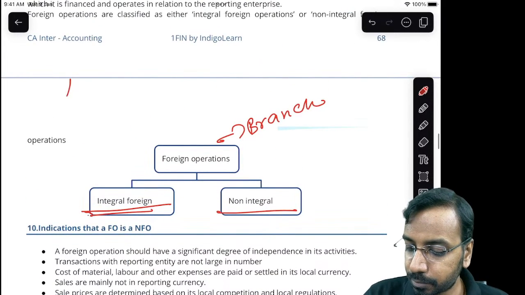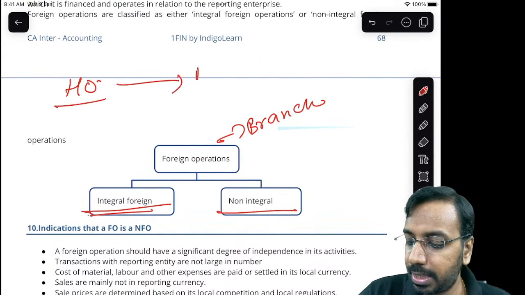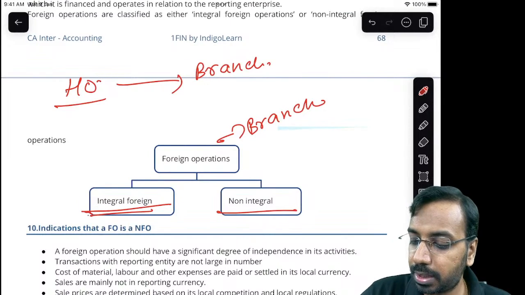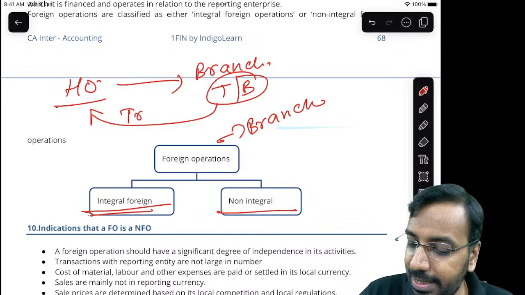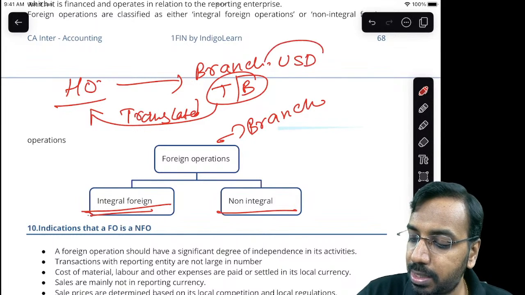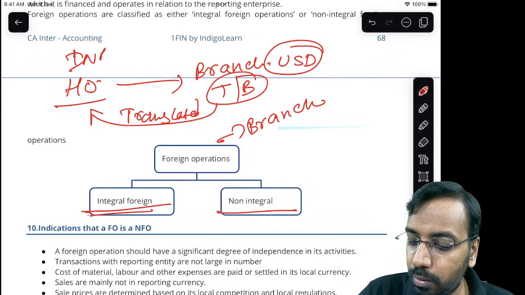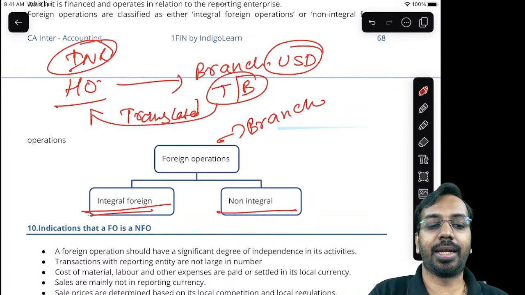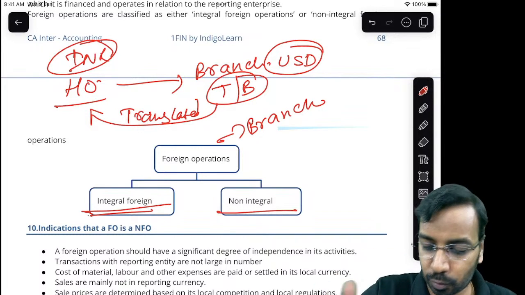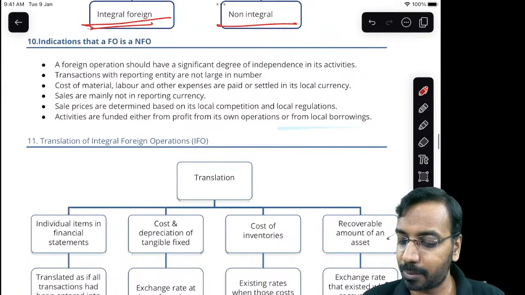You have a head office. The head office has a branch. The branch will prepare its trial balance in USD. You have to translate that to INR. Now, it depends on whether it is integral or non-integral, how you should translate it. This, of course, you will understand again in foreign branches, right?